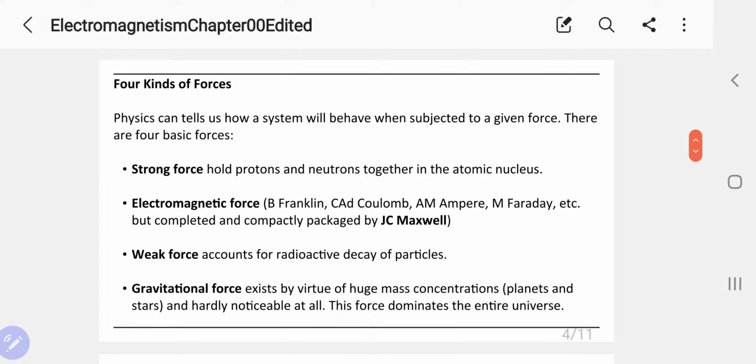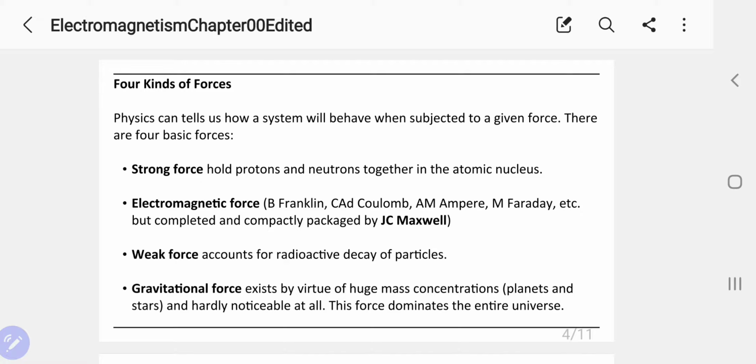In nature, there are four kinds of forces. The first one is the strong force, which holds protons and neutrons together in the atomic nucleus. If you have an atom, like a hydrogen atom, the center of that atom is called the nucleus, which is composed of a proton.